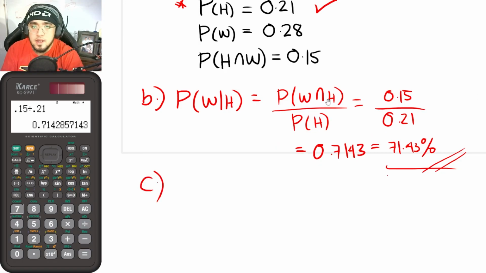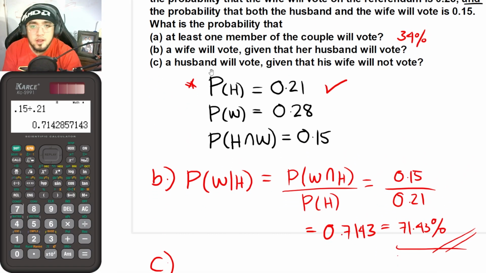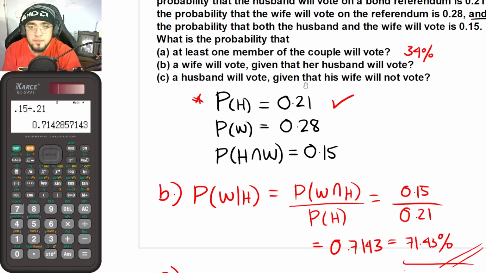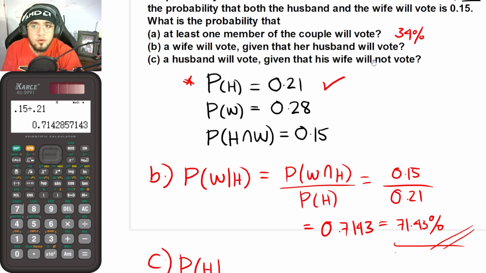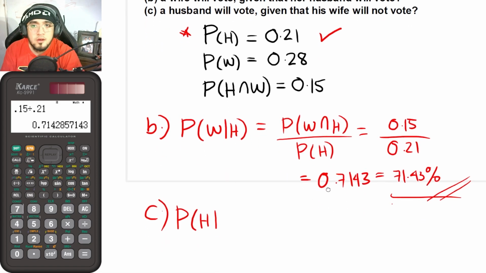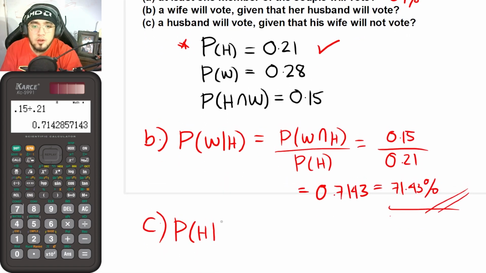For letter C, we are now getting the probability that the husband will vote given that his wife will not vote. So what is the probability that the husband will vote in the condition that his wife will not vote? This is equal to, since the wife will not vote, that is W complement.